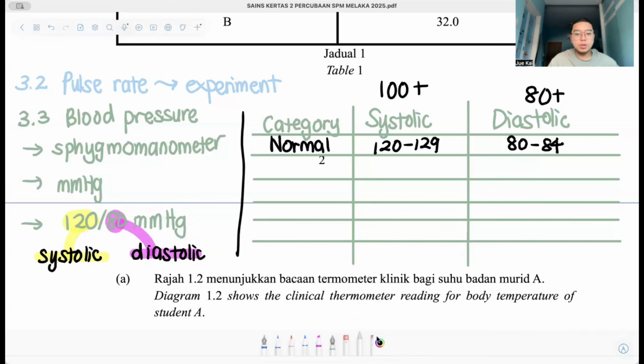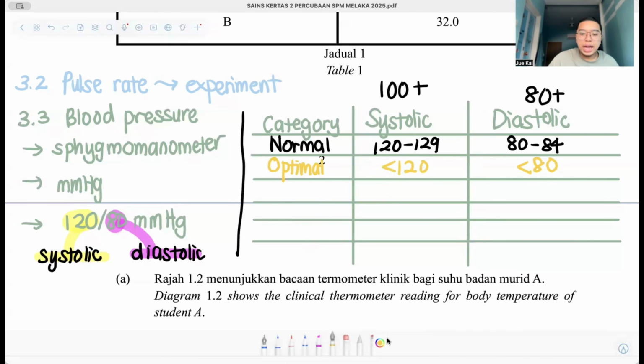Six, yeah. I will use colors that are much brighter. So when it is optimal, what is the systolic pressure? Yeah, less than 120. And then diastolic will be less than 80 lah. Obviously, nothing to tell.